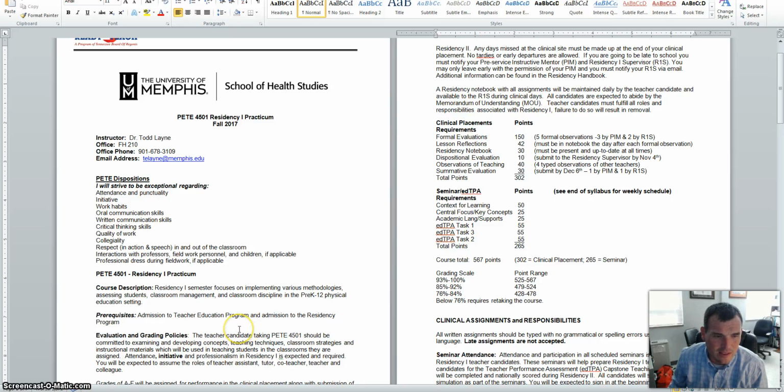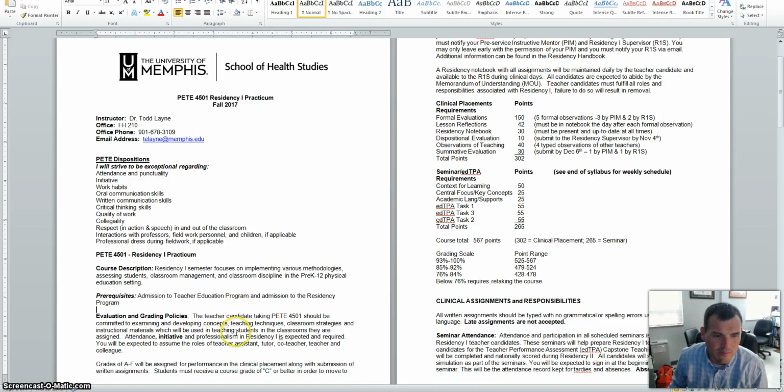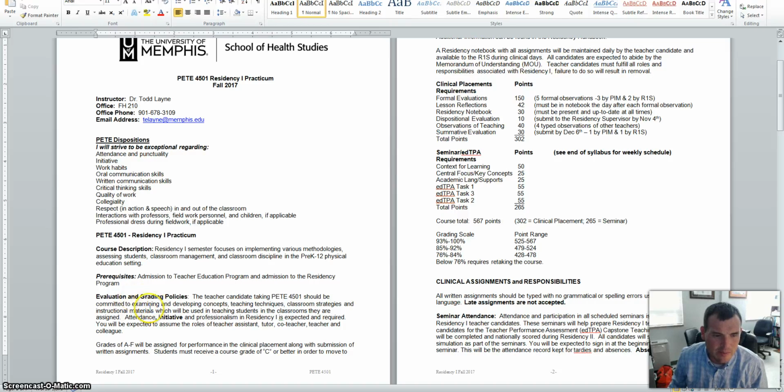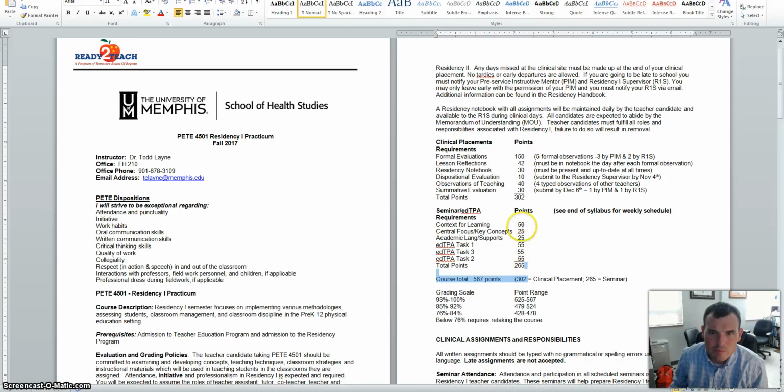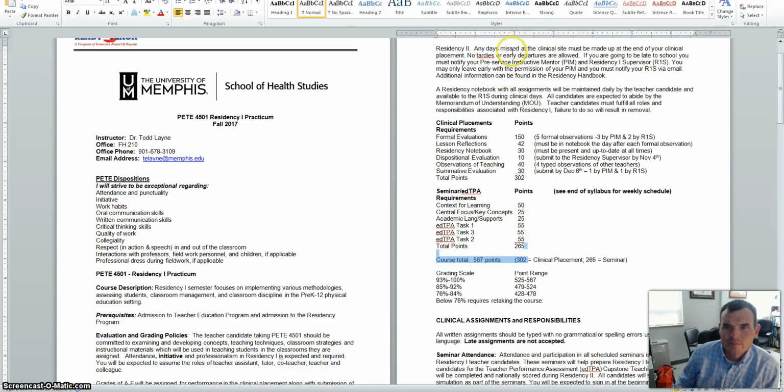In the evaluation and grading policies, notice grades of A to F will be assigned for performance in the clinical placement along with the submission of written assignments. Students must receive a course grade of C or better in order to move to Residency 2. And any days missed must be made up at the end of your clinical experience.